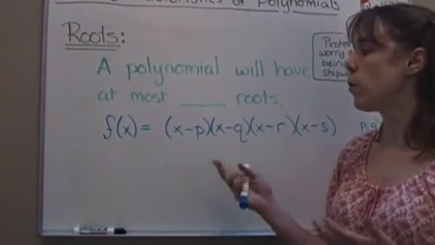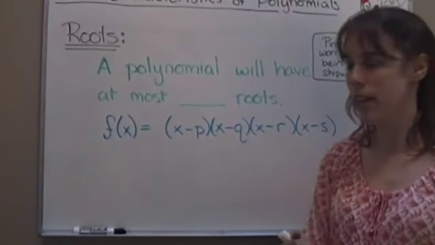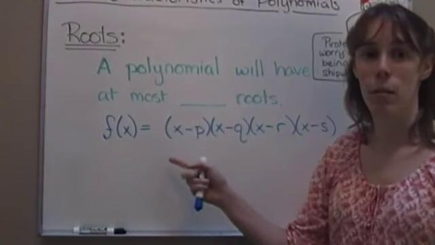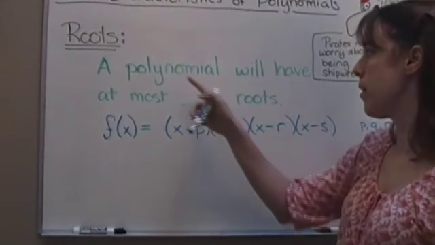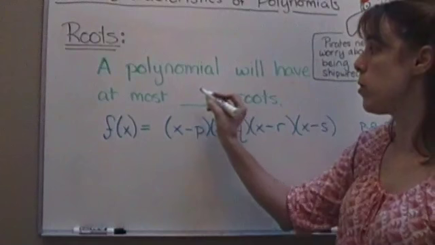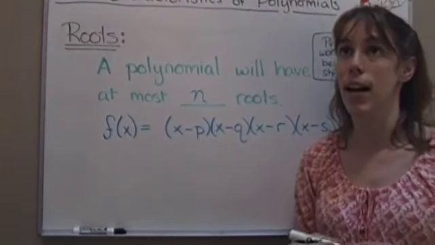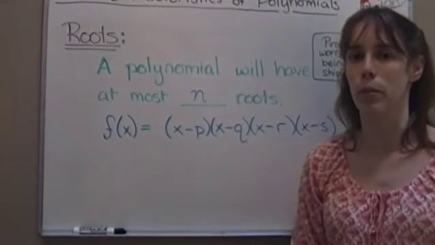Can you have more roots than you can have factors? If I add another factor pair, don't I just increase the number of x's, the degree, as well? So I'm going to claim that a polynomial will have at most n roots, the same number as the exponent of the leading term, the highest degree term.